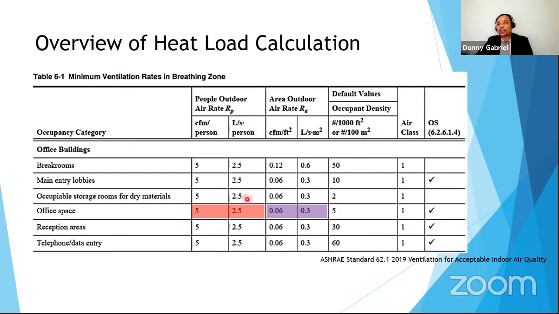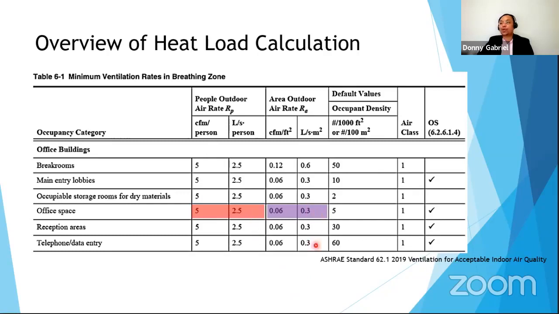So in this table, ASHRAE is saying that each person needs about 2.5 liters per second to be able to breathe properly. Okay, and the room would also need 0.3 liters per second per meter squared. So without consideration to the occupant, without consideration to the equipment inside, the room needs about 0.3 liters per second per meter squared so that it will attain an acceptable indoor air quality.